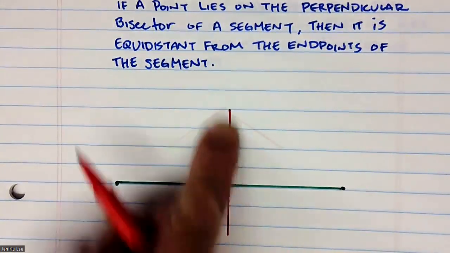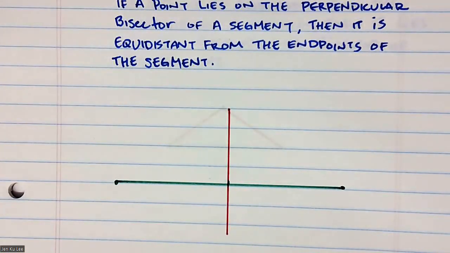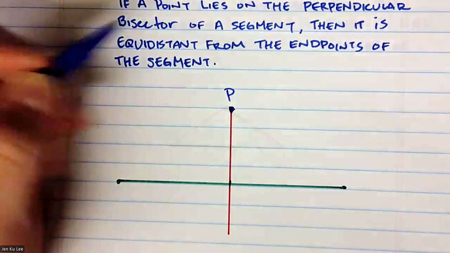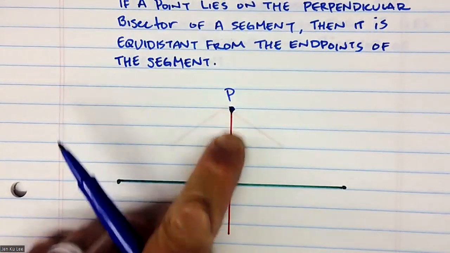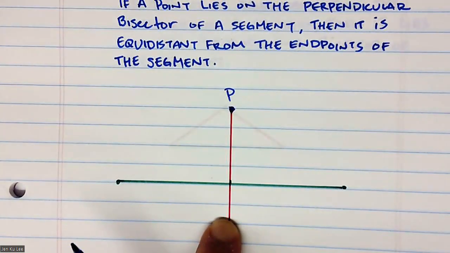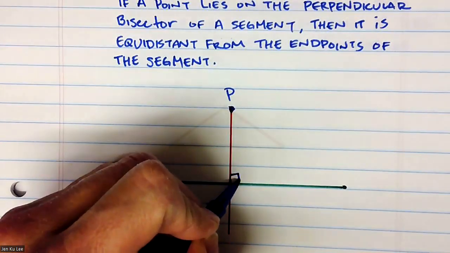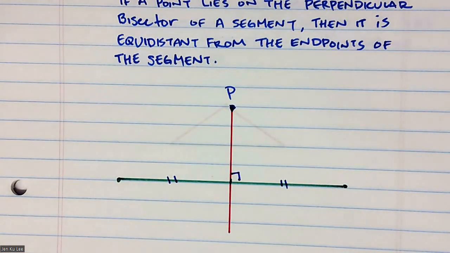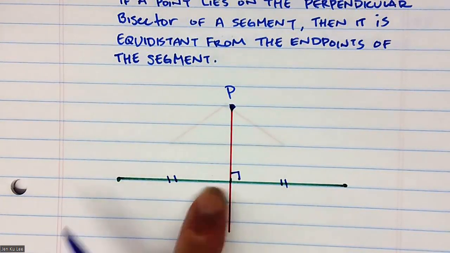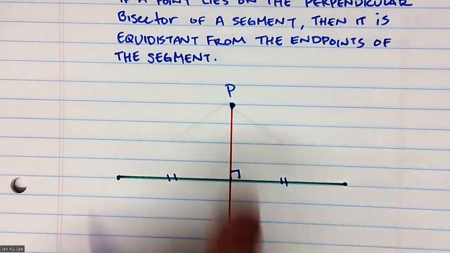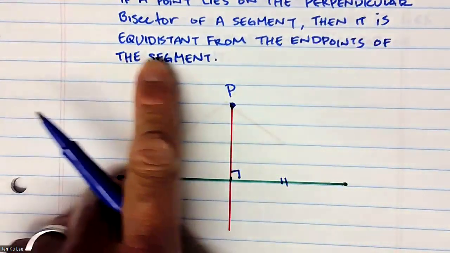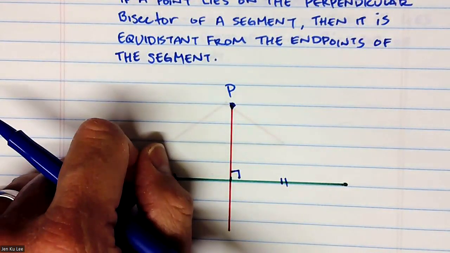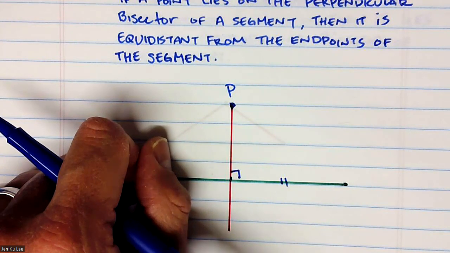So let's say I have these two segments here, and point P lies on this red line, which is the perpendicular bisector of this green segment. If this happens, then it is equidistant, which just means equal in distance, from the endpoints of the segment.